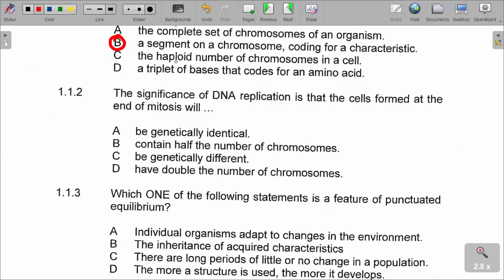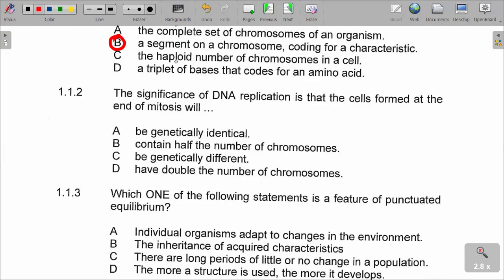The significance of DNA replication is that cells formed at the end of mitosis will dash. DNA replication is the formation of a DNA molecule which is genetically identical to the original molecule.